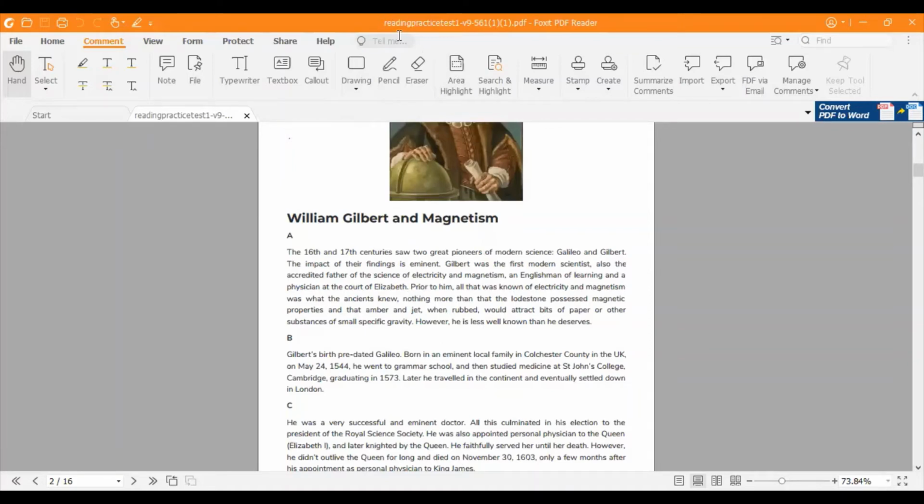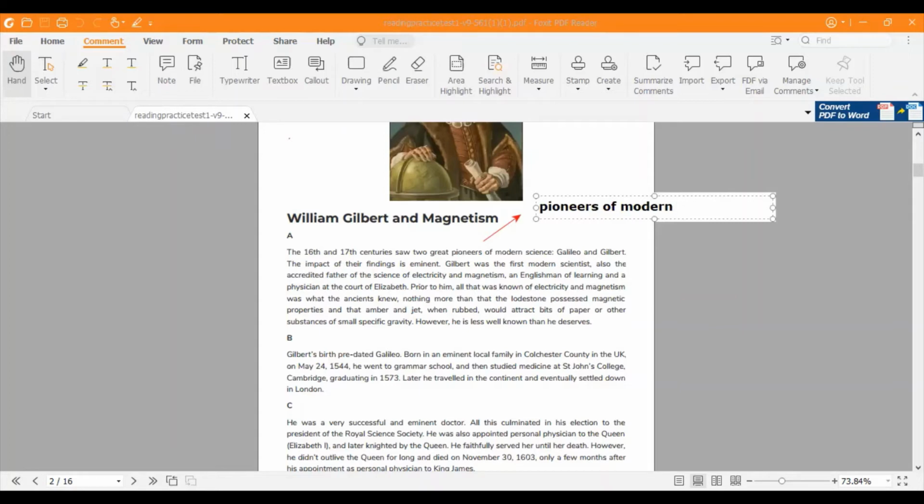For paragraph number 1, you just write one or two words to describe it, in your notes, with your pencil. For example, pioneers of the modern science. Pioneers is the most important word. Or you can say just pioneers, and that's it.